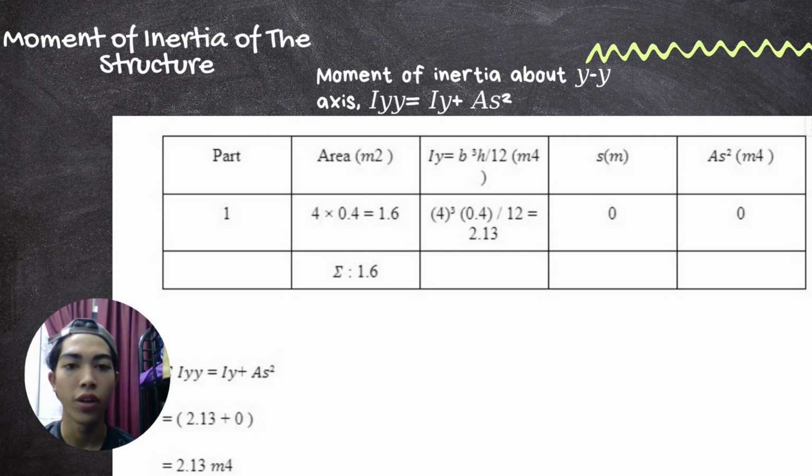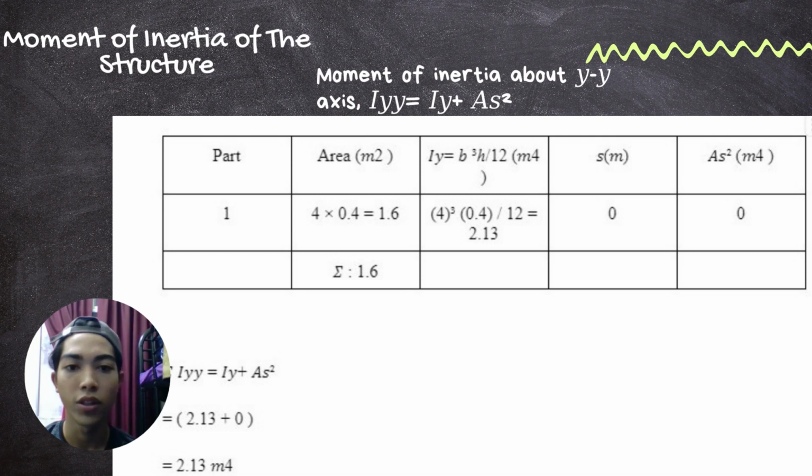For the moment of inertia about the y-axis, Iyy equals Iy plus Ad squared. Part one is area, 4 multiply 0.4 equals 1.6.